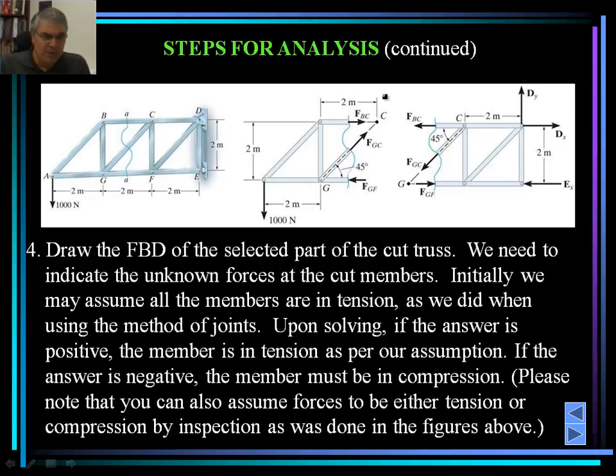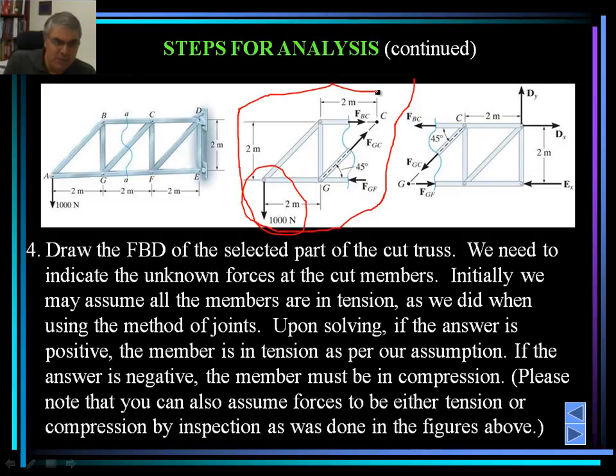We also would take a look at the external forces that are also applied to the entire section. It's very important to note that the external forces must be included when we look at that particular section. In this case, there's 1,000 Newton external forces that are applied to the left hand side of the cut as shown here.